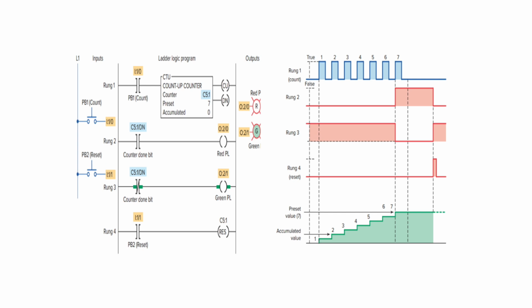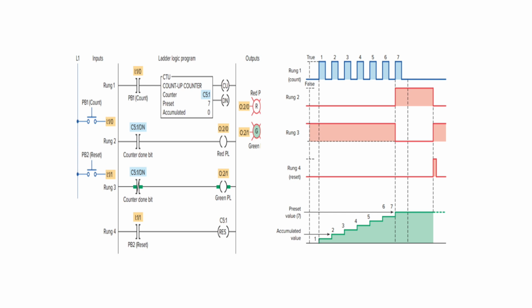In a similar way, my green button is connected to the address O colon 2/1, as you can see in the ladder programming.